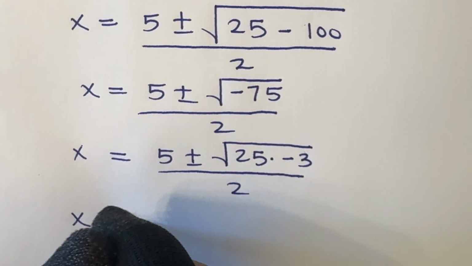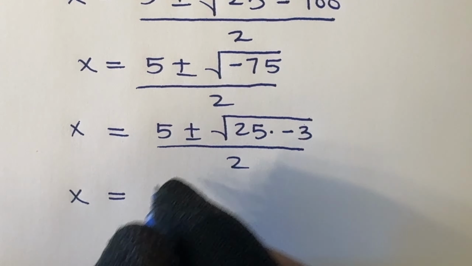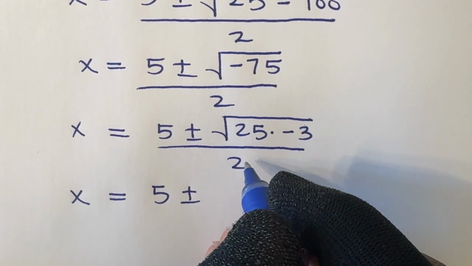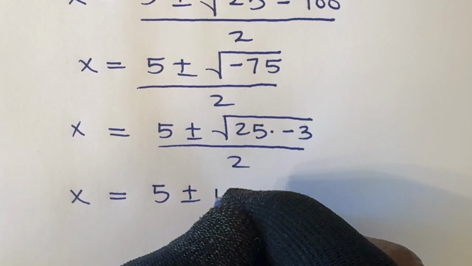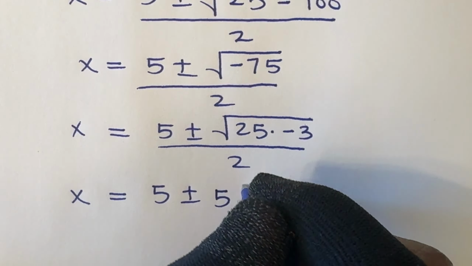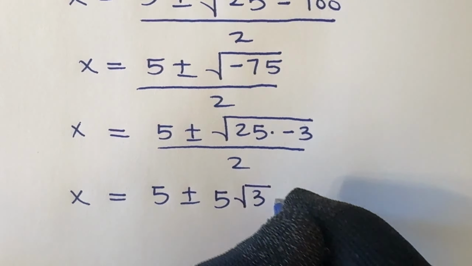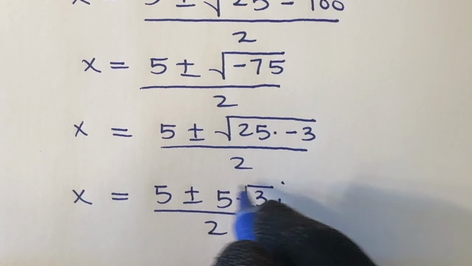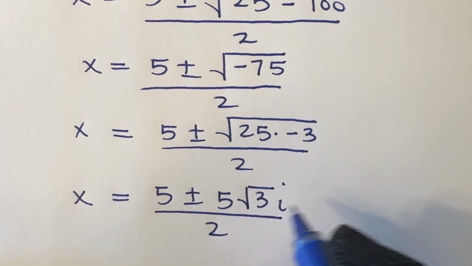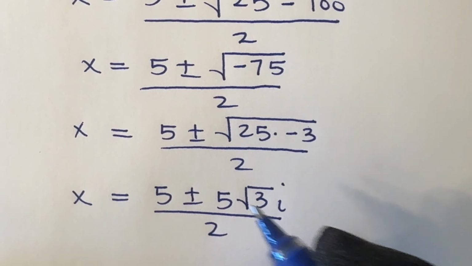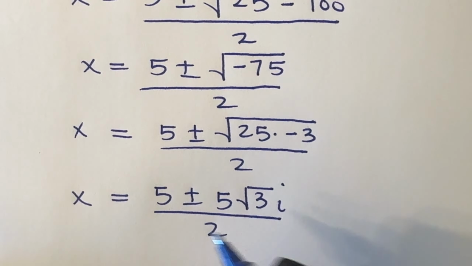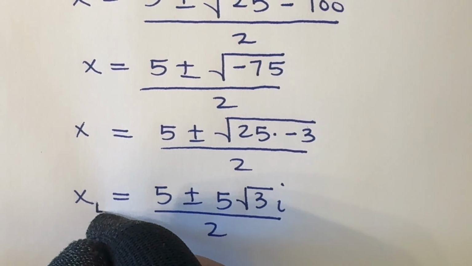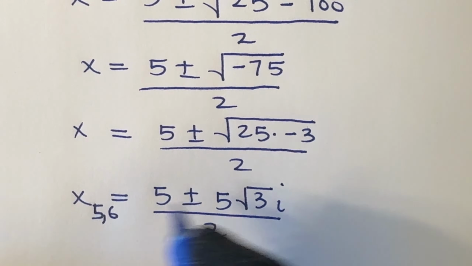And then we get x is equal to 5 plus or minus, from what we did earlier, 5 root 3i over 2, which also leads to two different complex solutions. So I'll call this x5 and x6.